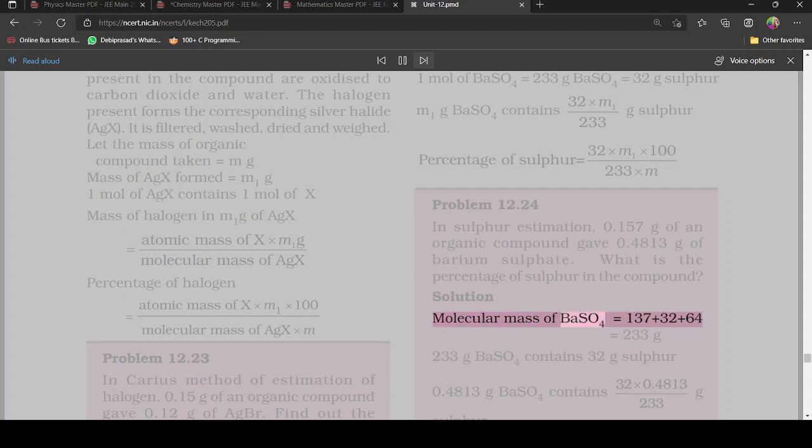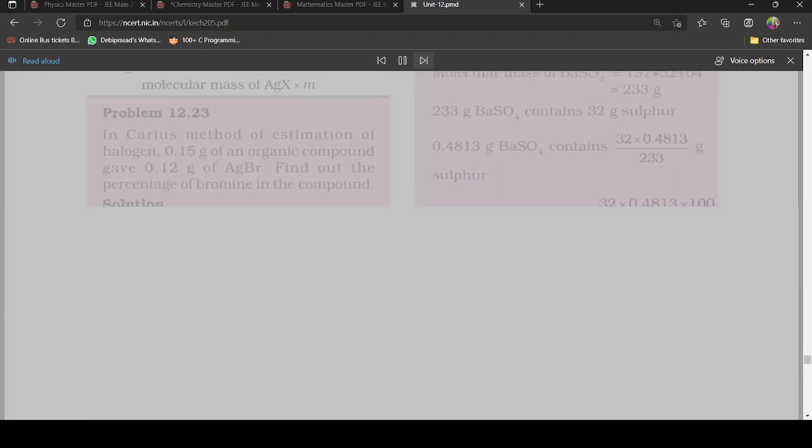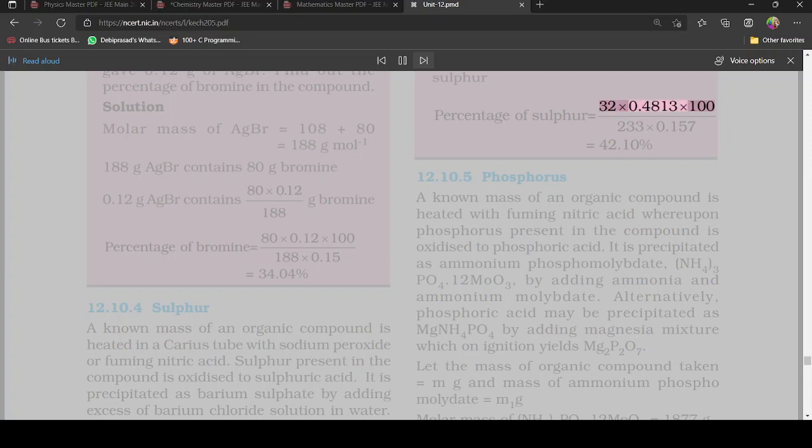Molecular mass of BaSO4 is equal to 137 plus 32 plus 64 is equal to 233 g. 233 g BaSO4 contains 32 g sulfur. 0.4813 g BaSO4 contains 32 × 0.4813 / 233 g sulfur. Percentage of sulfur is equal to 32 × 0.4813 × 100 / (233 × 0.157) is equal to 42.10%.